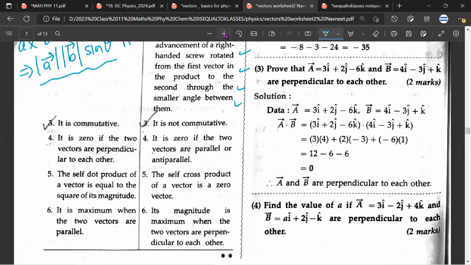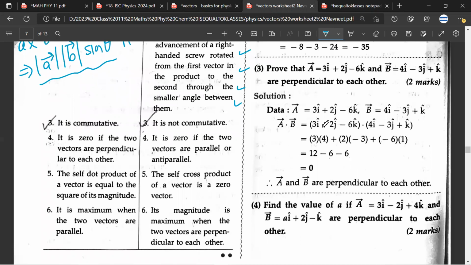Yes, sir. Now, another thing that you'll have to see is, I'll cover the easier topics first. I'm skipping this for now, just for 5 minutes. So the dot product is 0 if the two vectors are perpendicular to each other. Why? Because in the dot product there is a cos theta, but in the vector product there is a sine theta. If the two vectors are perpendicular, theta is 90 and cos 90 is 0.